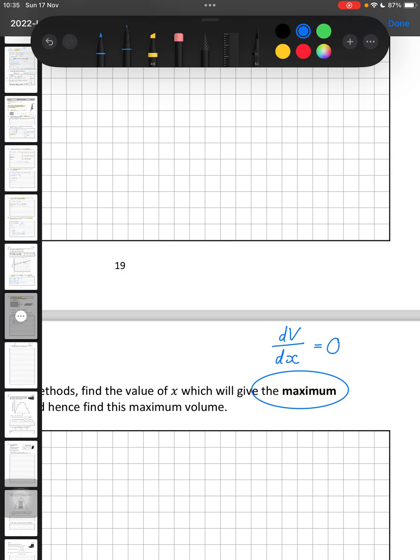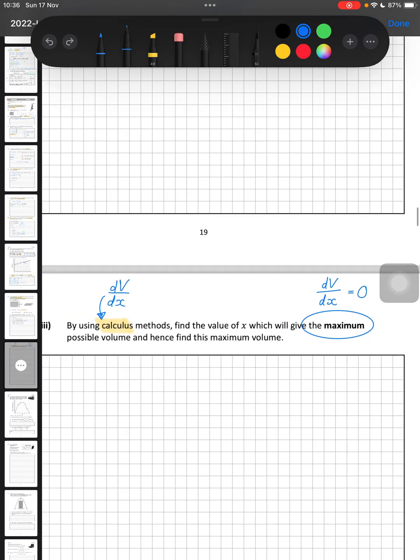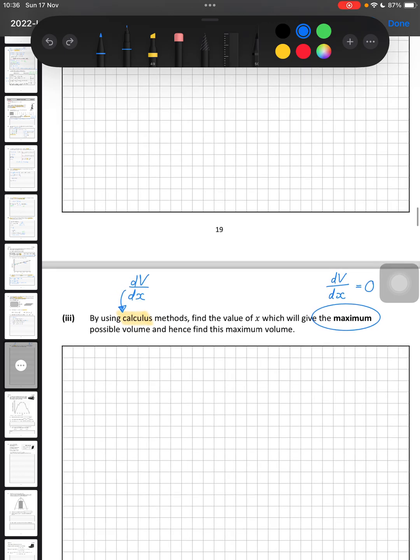Remember that if we're ever asked for a max or a min, what we're looking for is where the slope is 0. As soon as we see max or min, we are used to finding the first derivative and letting it equal 0. So to find the value for x which will give the maximum, I'm going to let the first derivative equal 0. And then, hence, find the maximum volume.